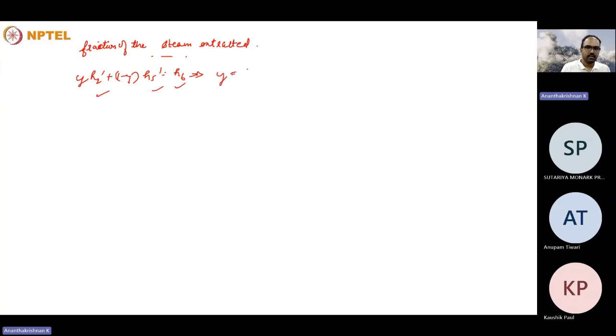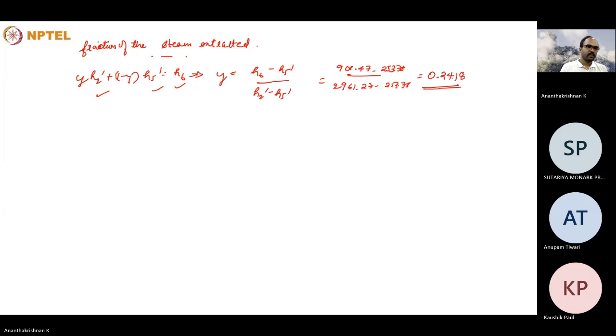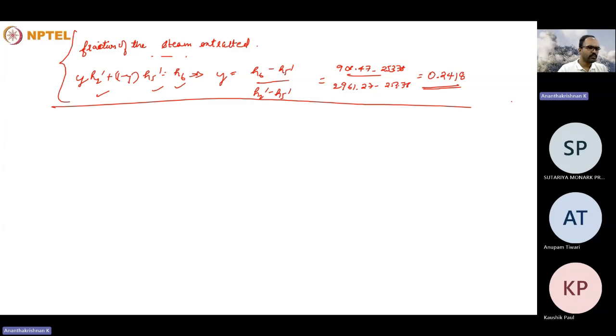We solve for y, that will be equal to y is equal to H6 minus H5 dash divided by H2 dash minus H5 dash. So the values we substitute straight away, divided by 243.7, the fraction is 0.241. So we get to see the fraction of the steam itself. So the value of y will be 0.24.